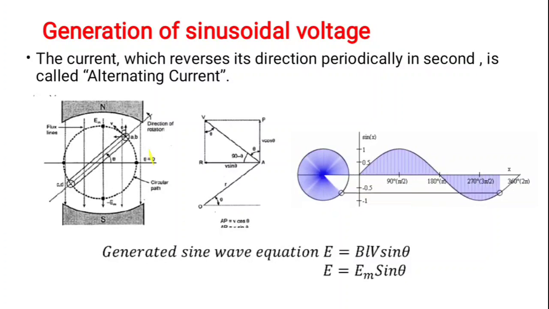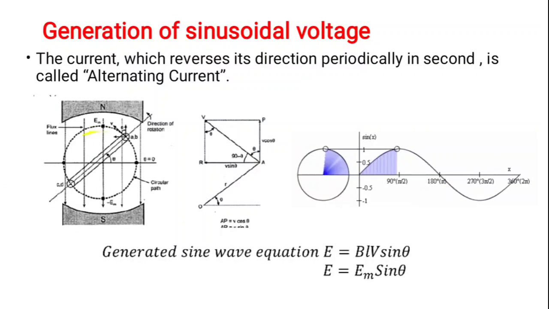When it starts rotating from position number 1 to position number 2 with an angle of 90 degrees, the conductor cuts the maximum flux because it is perpendicular to the lines of flux. Therefore the maximum EMF is induced. You can see here, the maximum EMF is induced.